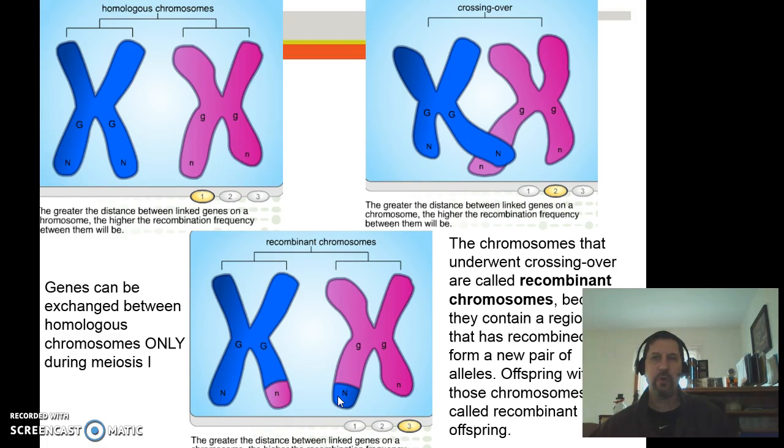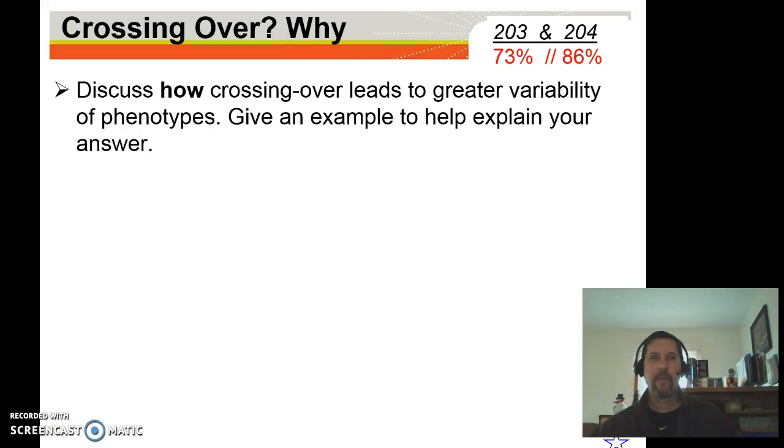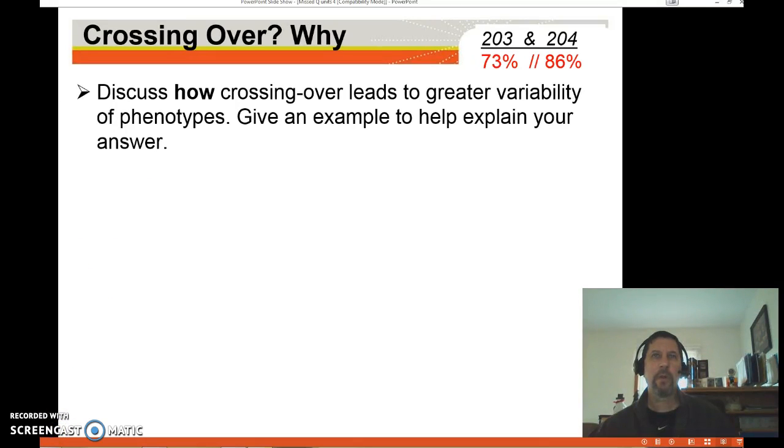Okay, so let's see what we got. Crossing over, why? And this was from the test. Discuss how crossing over leads to greater variability of phenotypes. Give an example to help explain your answer. So how does crossing over lead to greater variability of phenotypes? Well, what did we look at?